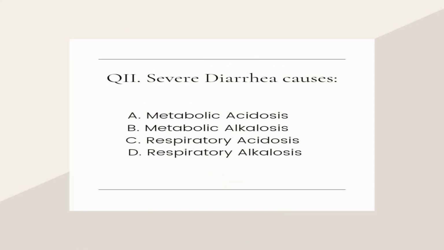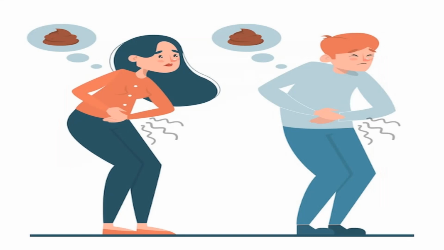Question number 2. Severe diarrhea causes A. Metabolic acidosis, B. Metabolic alkalosis, C. Respiratory acidosis, D. Respiratory alkalosis.